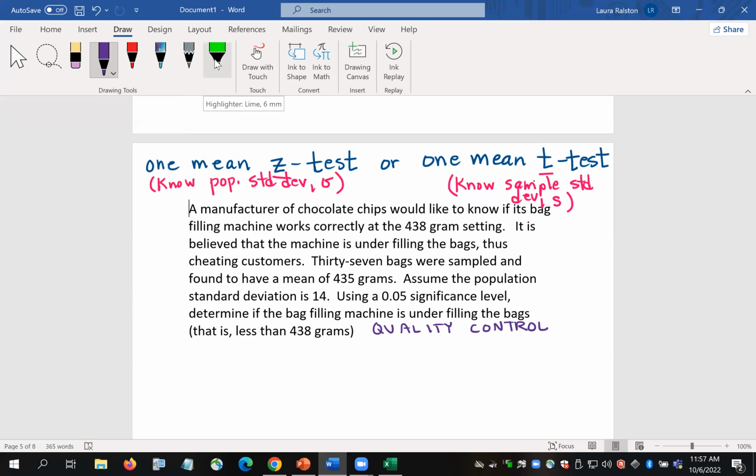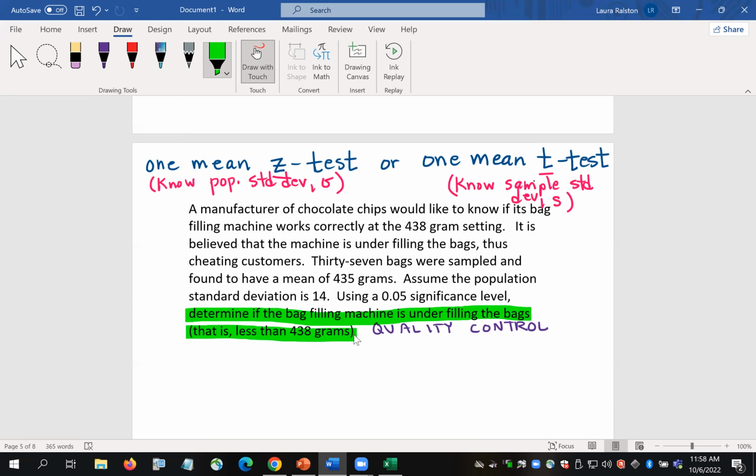So if you think about it, the last statement usually in a lot of these scenarios is going to give you the question or what you need to do, because it says determine if the bag filling machine is underfilling the bags. And I even went ahead and added a little caveat.